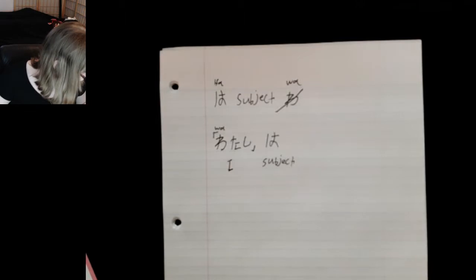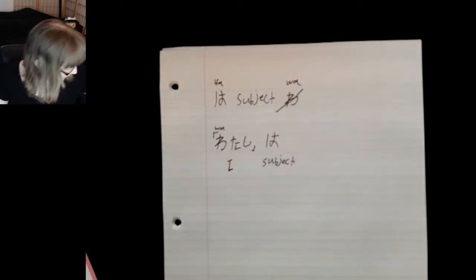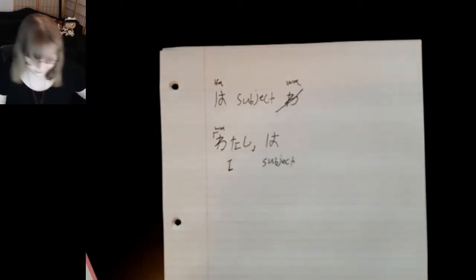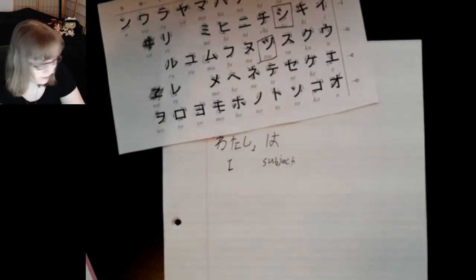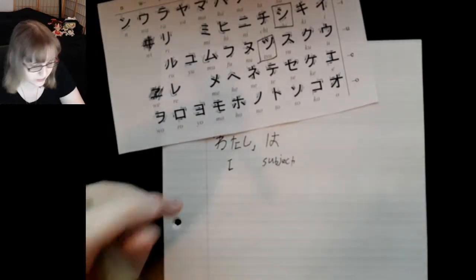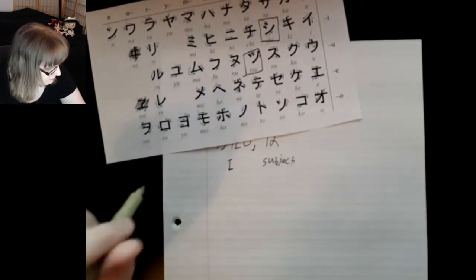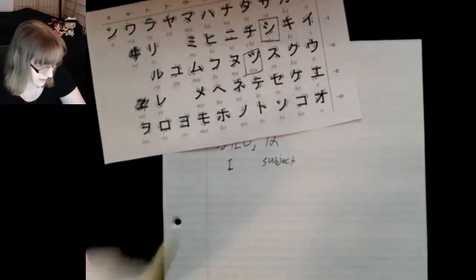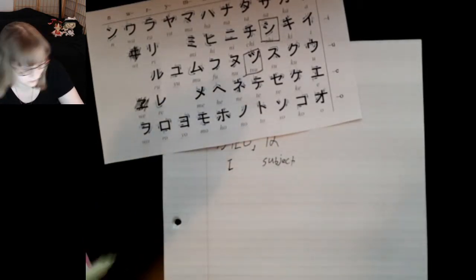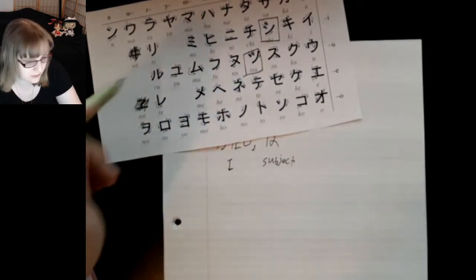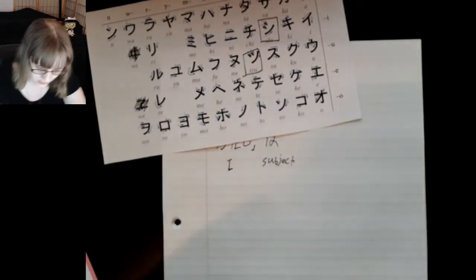Oh, it puts us right into countries. Okay. So let's actually get out the katakana chart, because we are going to start using countries. Countries are written in katakana, with the exception of Japan, because those words are considered foreign to Japan.